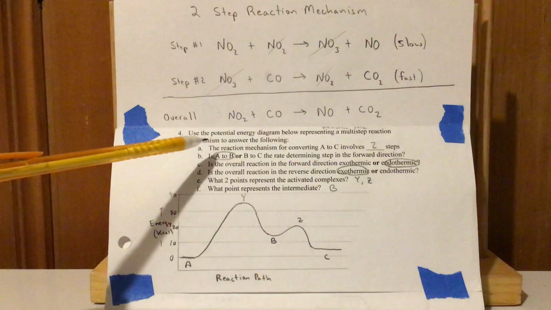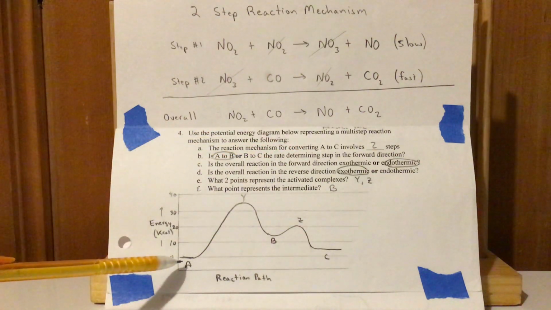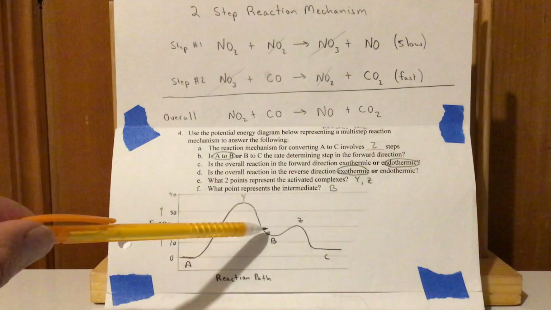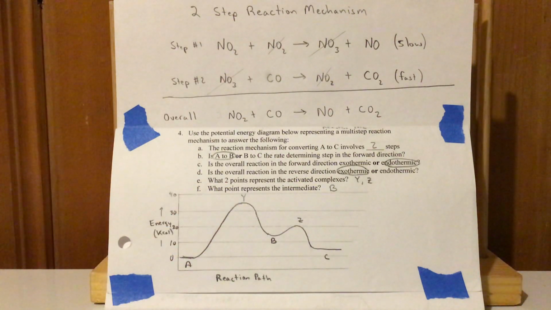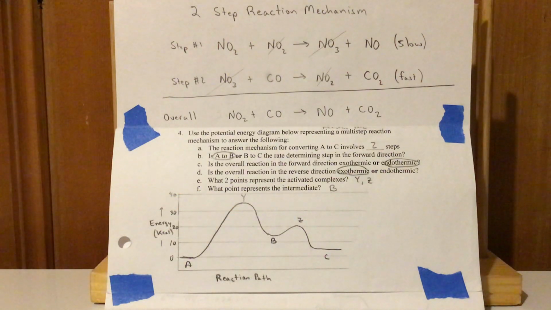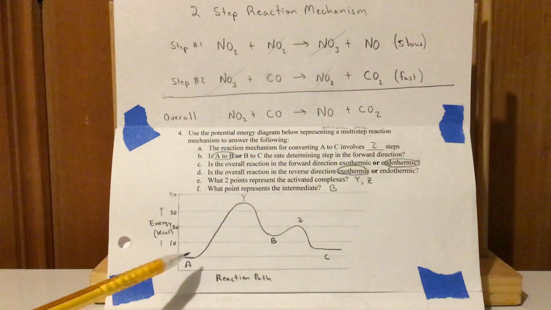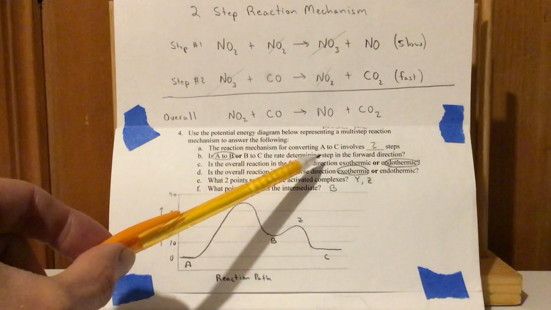It says the reaction mechanism for converting A to C involves how many steps? Well, there are two humps, so it is 2 steps. Each step is represented by a hump or an activation energy. Is A to B or B to C the rate determining step?